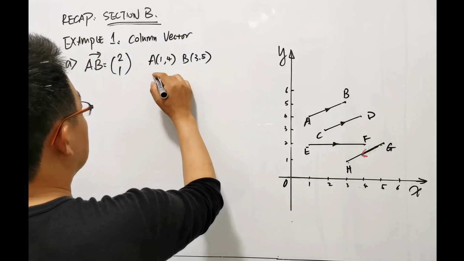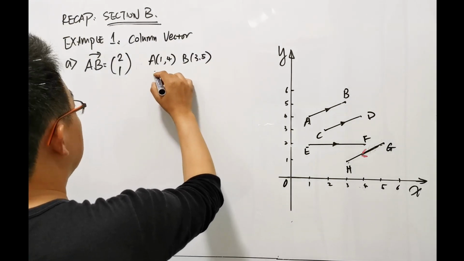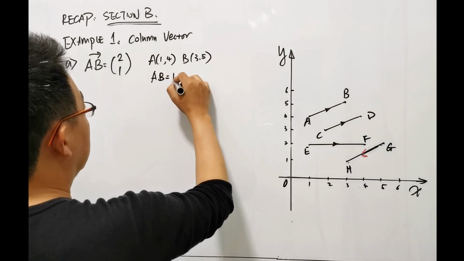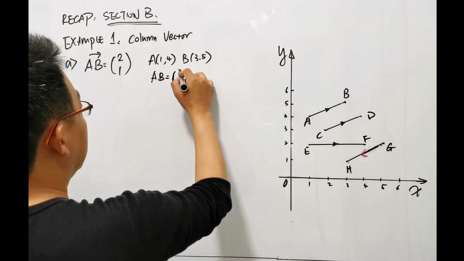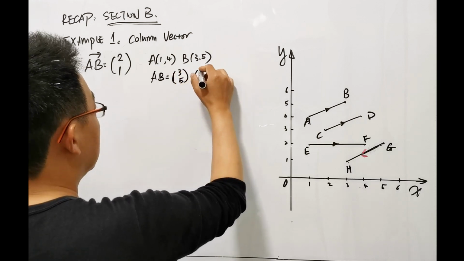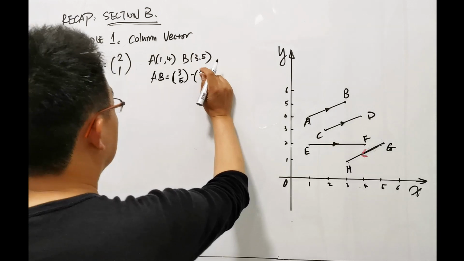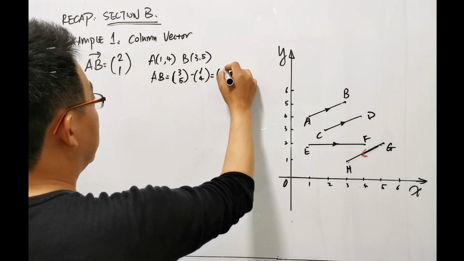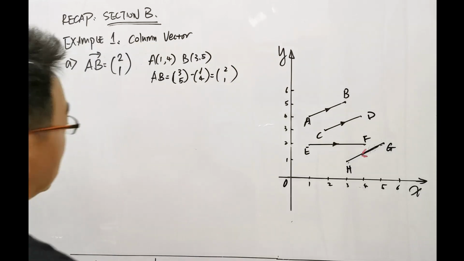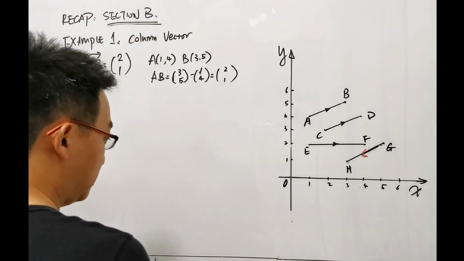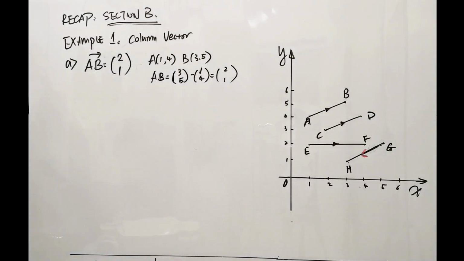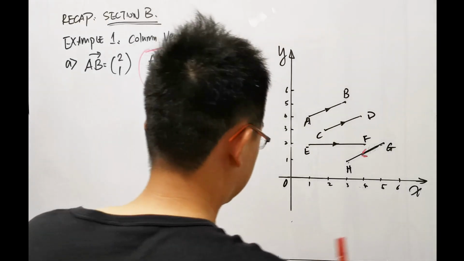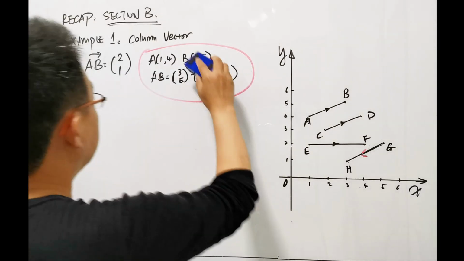So AB equals the ending coordinate minus the beginning coordinate, which gives us 2, 1 as well, right? I'm going to discuss this later in the next class. I just share with you how we can calculate in this way.